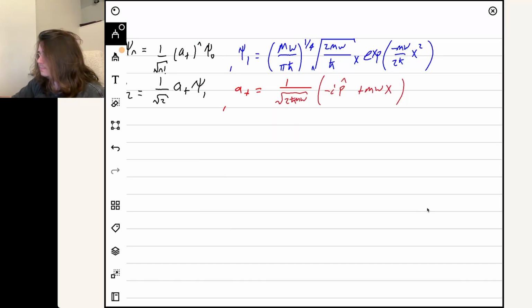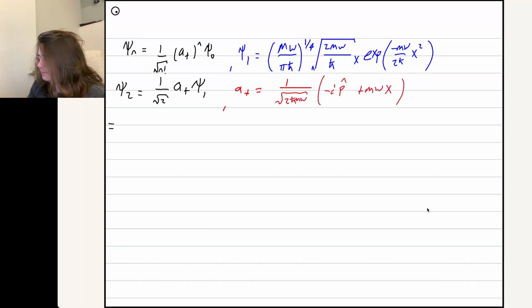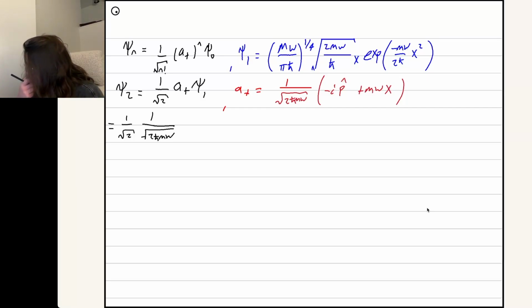And we're going to be doing all of that pretty much manually. So 1 over root 2, we have 1 over root 2 h bar m omega from the raising operator.